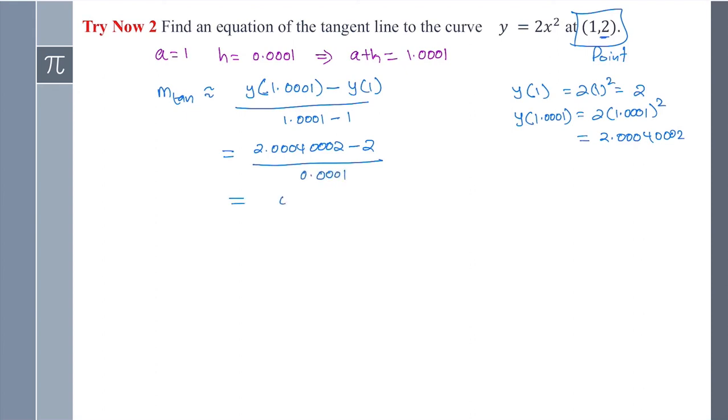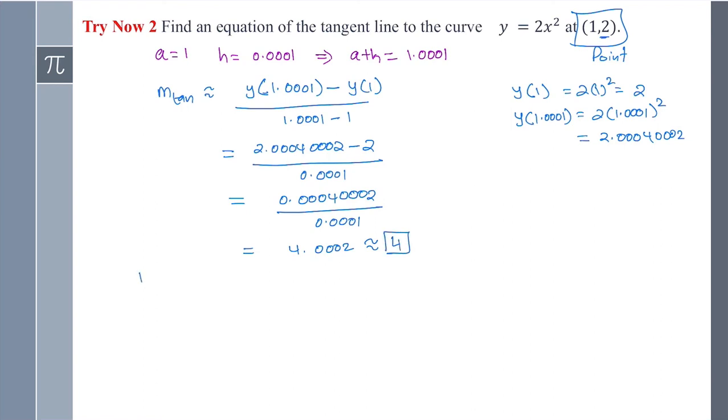So this equals 0.00040002 divided by 0.0001, and then this is approximately equal to 4.0002, which means the slope of the tangent line should be 4. So it's approaching 4.